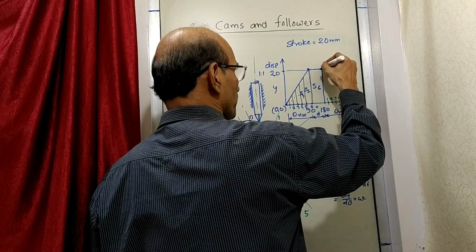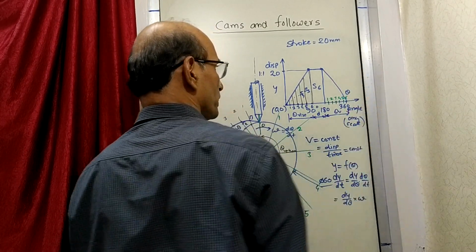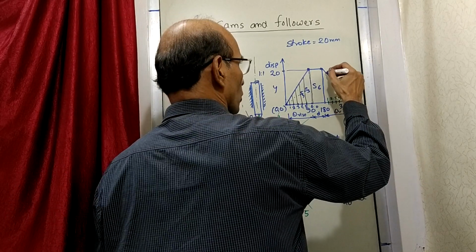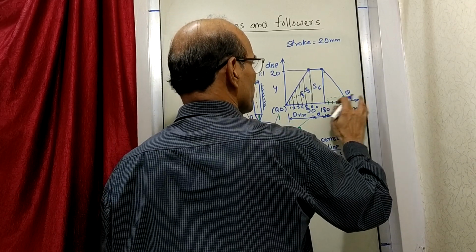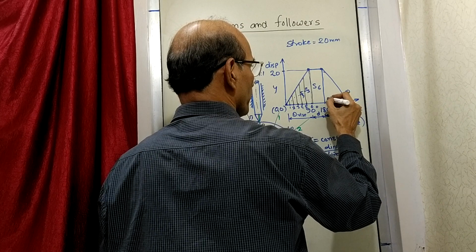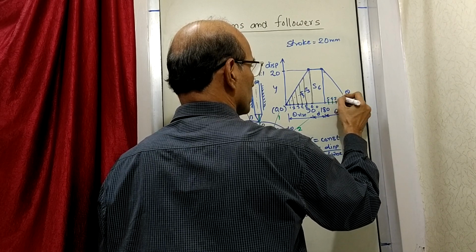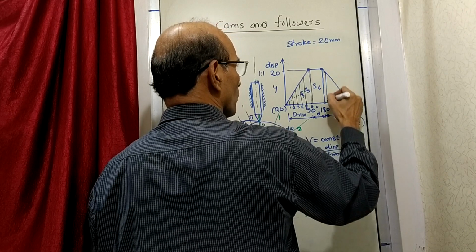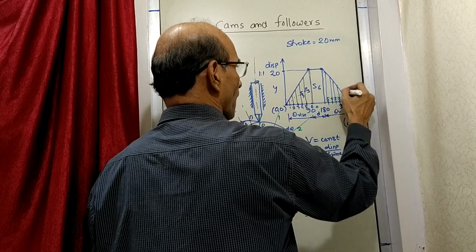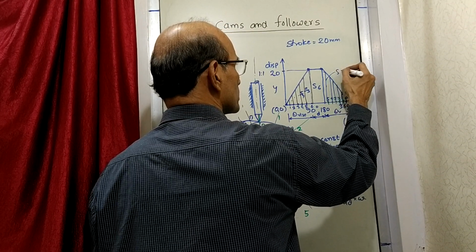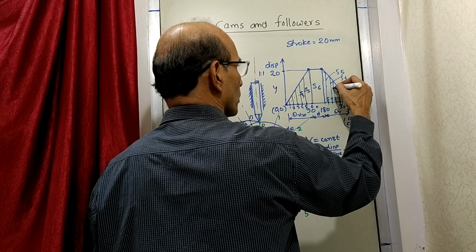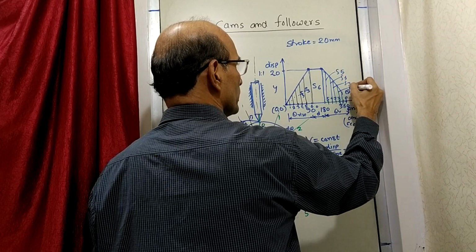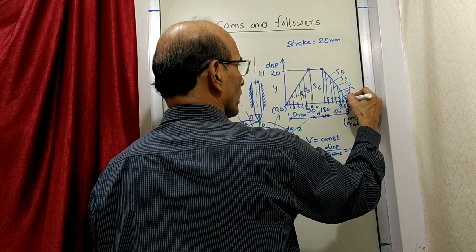So again it is a uniform velocity, so join it by a straight line. Then draw these vertical lines. This should be 5, 4, 3, 2, 1, 0, which you have to write down here. And then the vertical lines, and then this is S5, S4, S3, S2, S1 and then 0.